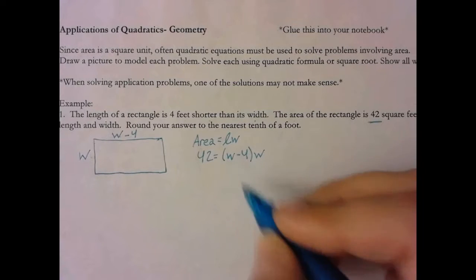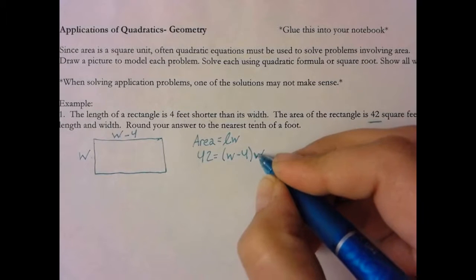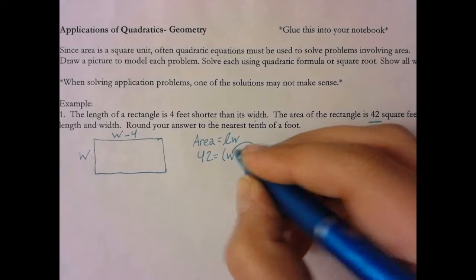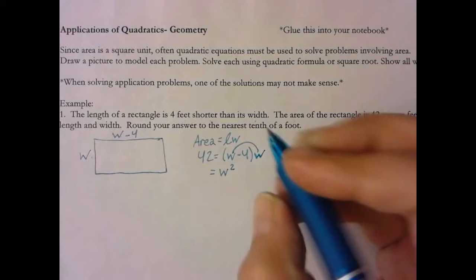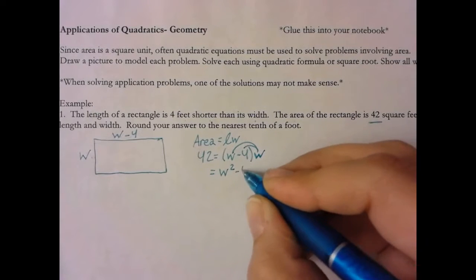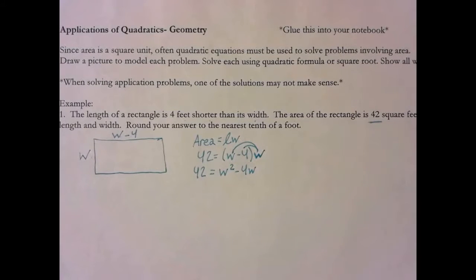Well, step 1, we need to deal with these parentheses, right? And since the width is being multiplied, let's distribute that. So W times W is W squared. Then W times negative 4, don't overthink it, it's just negative 4W. And don't forget to bring down that 42 on the left.